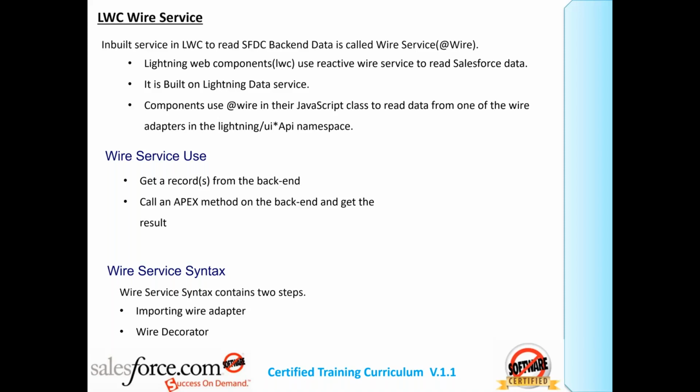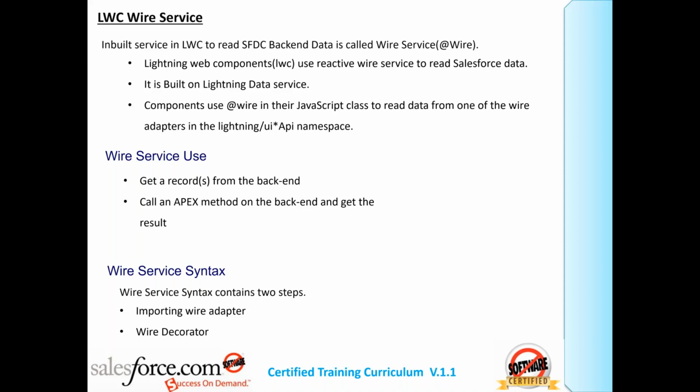Write down the properties of wire. Number one, wire is based on LWC Lightning Data Service. First property. Once again, I'm starting from zero. What is wire? Wire is an inbuilt service to read backend data.